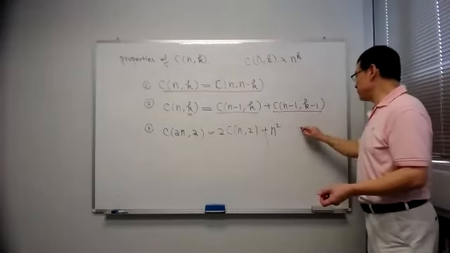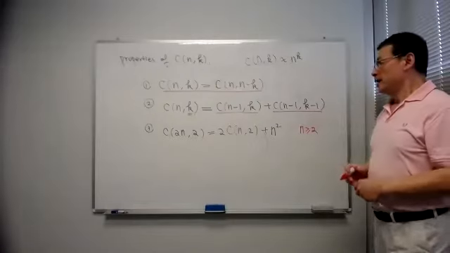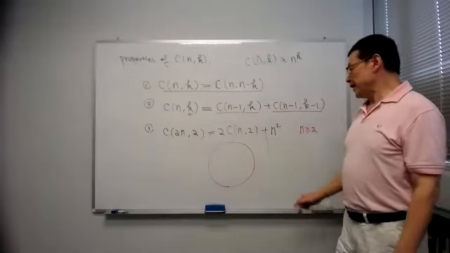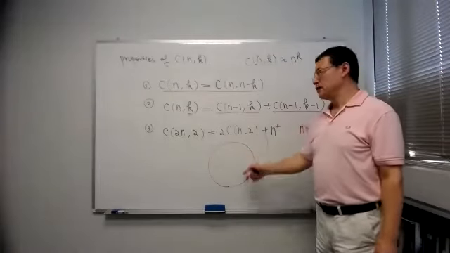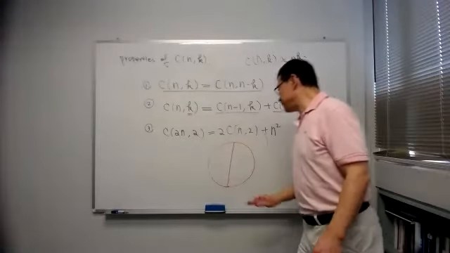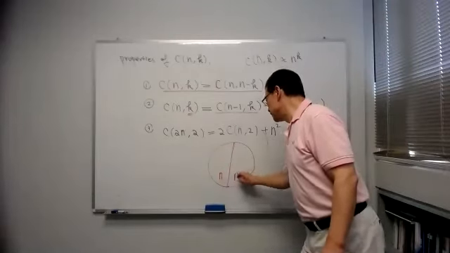Of course, here n will be at least 2. To choose two elements from this set, what I do is divide it into two parts, both with n elements.